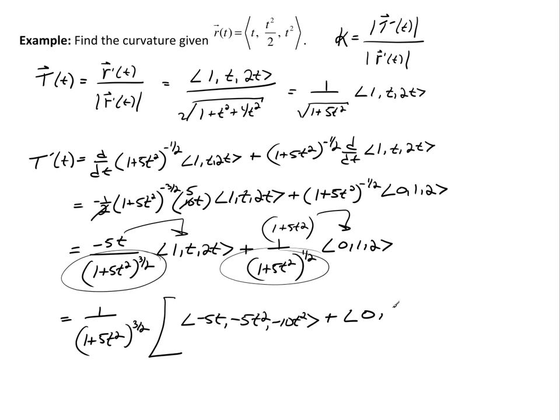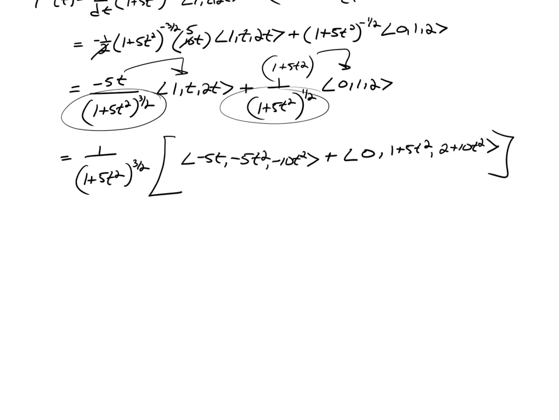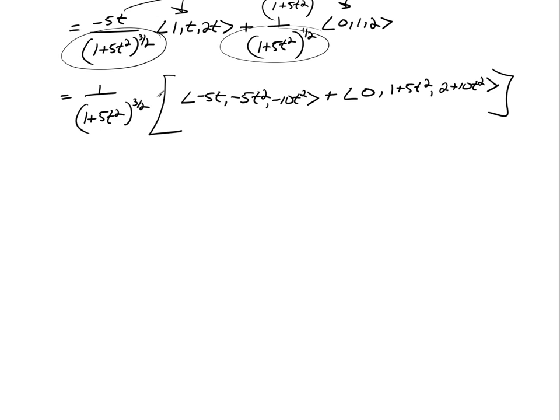Now multiply by 1, I'll have 1 plus 5t squared, and then I'll have 2 plus 10t squared. So now I can go ahead and add this. This is going to be nice and compact when I'm all done here. This is going to be 1 over (1 plus 5t squared) to the 3/2 times the vector negative 5t, 1, 2. Okay, that's sweet. So now in this form I can very quickly and easily find the magnitude.